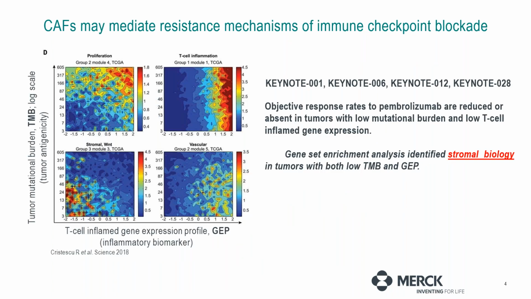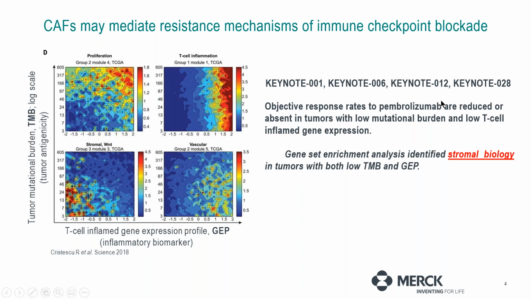The reason why we think understanding CAF biology is important is that from several clinical trials, we found that stroma cells may mediate the resistance to immune checkpoint blockade. So here is the seminal work from our colleagues. In the graph, the y-axis is the tumor mutational burden, and the x-axis is the T-cell inflamed gene expression profile, GEP.